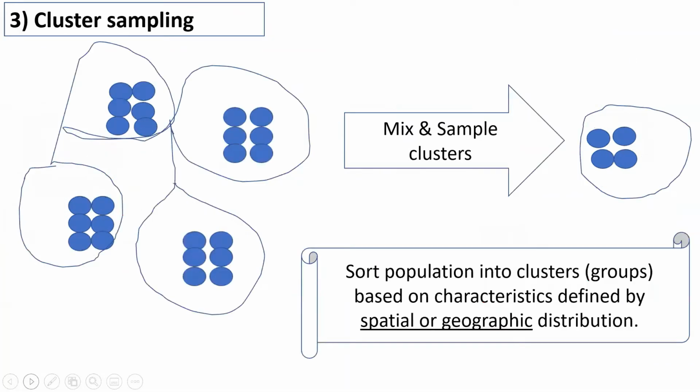Then we talked about cluster. Cluster also is some sort of grouping, but unlike stratified, whereby you are exploiting inherent characteristics of members of the population, for cluster, you are exploiting their geographical distribution. So members of the population must be located in one area, while the other group is located in another area. Hence, spatial or geographical distribution.